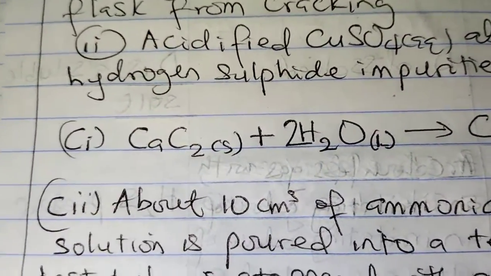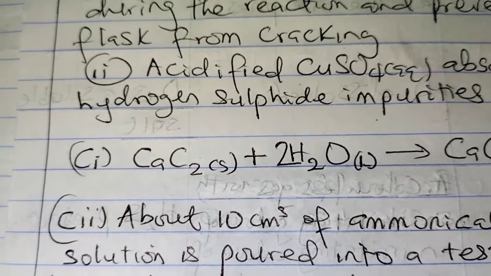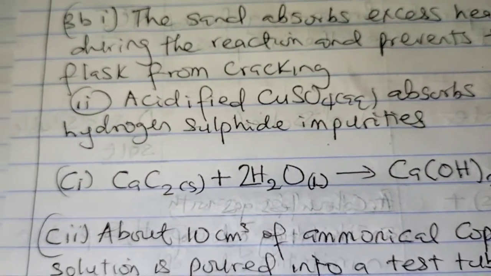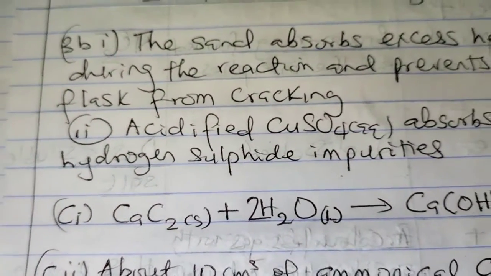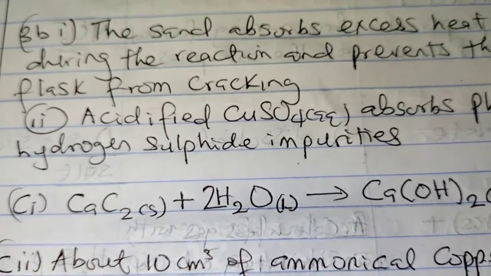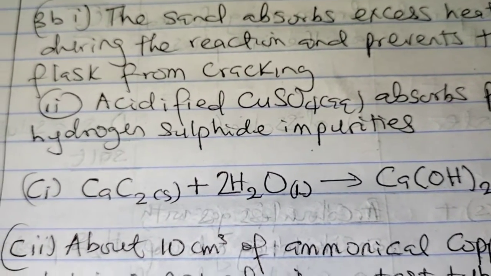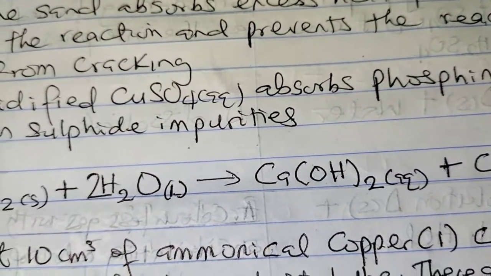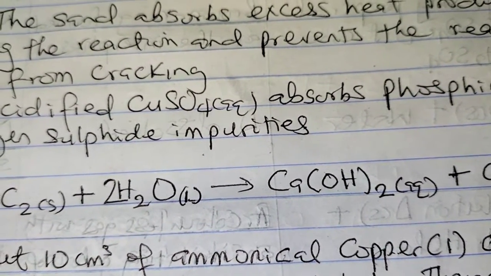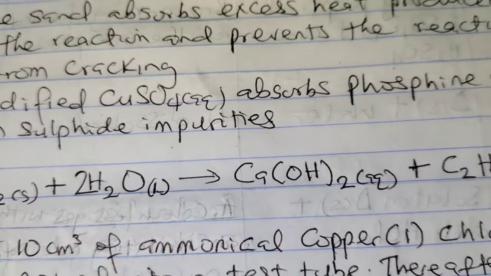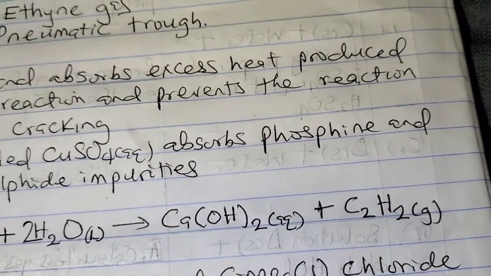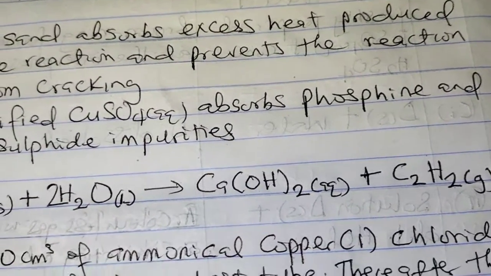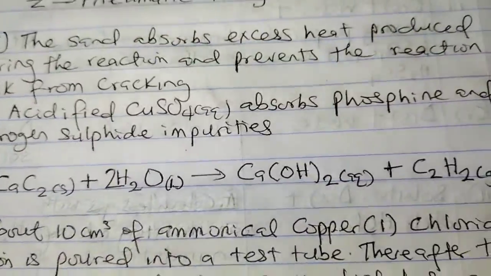You see calcium carbide, CaC2(s), plus 2H2O(l), that is 2 molecules of water, giving us Ca(OH)2(aq), 1 molecule of calcium hydroxide, plus C2H2(g), which is ethyne gas. That is the balanced equation for the reaction.